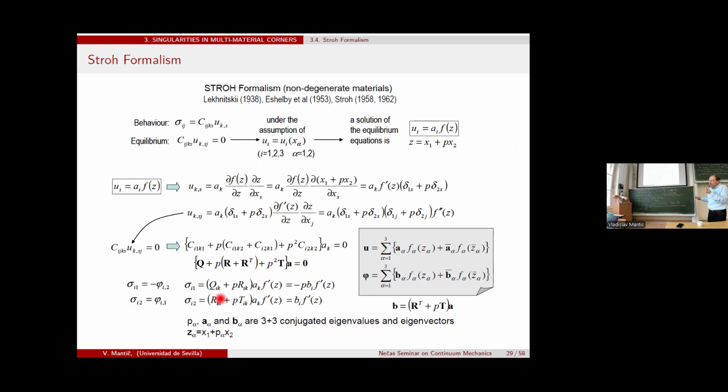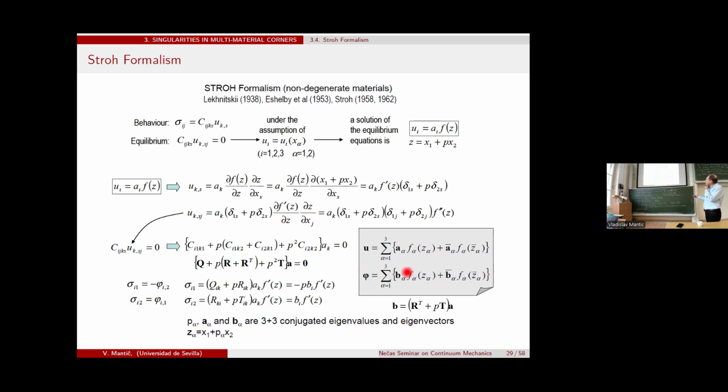But now we will not work with traction directly; it's preferable. This was the genius idea by Stroh, to use a stress function vector, which is related to stresses in terms of derivatives. The stress function vector phi is of the same order as U, and this allows us to work with displacement and stress function vector together in one variable of the sixth order.